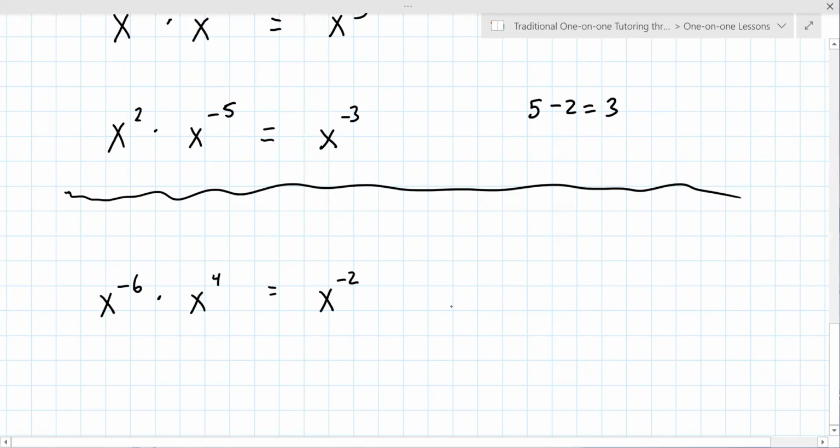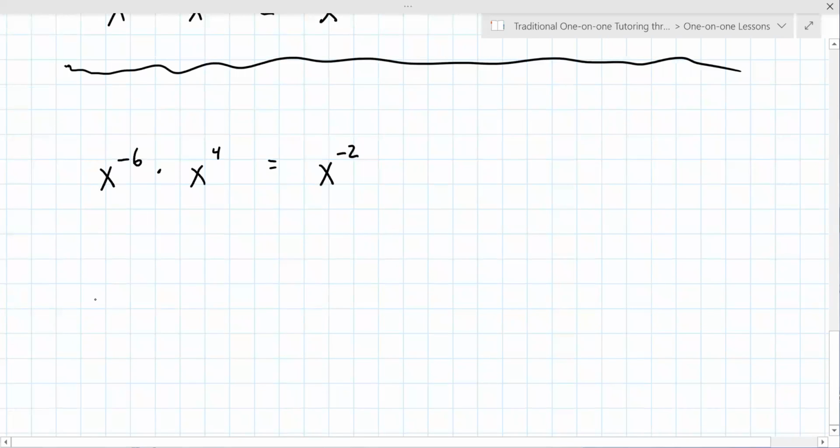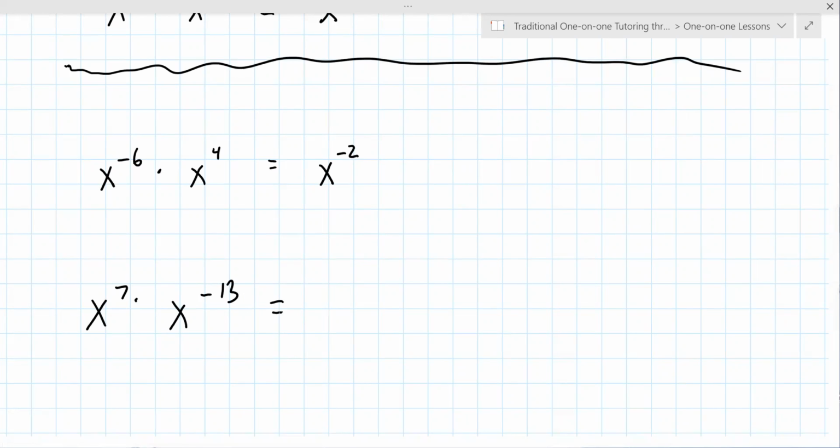It's x to the -2, like that, right? Great. Let's try another one here. x to the 7th times x to the -13. x to the -6 squared.